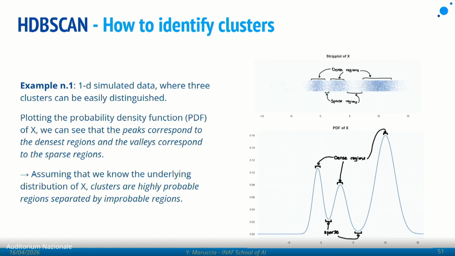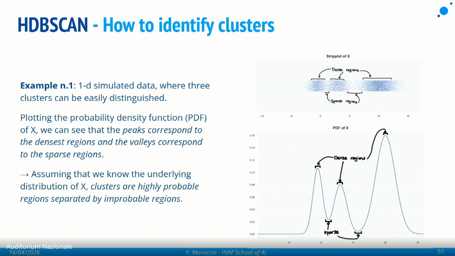Okay, example number 1. We have 1D simulated data. So we have the strip plot of X at the top of the slide, and here we can see that the distribution of the data is in part dense. There are 3 dense regions and 2 sparse regions, and in this case we can separate 3 different clusters.